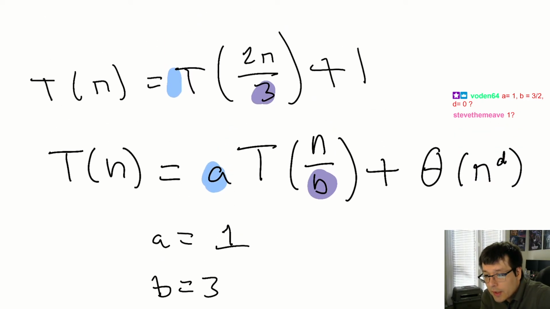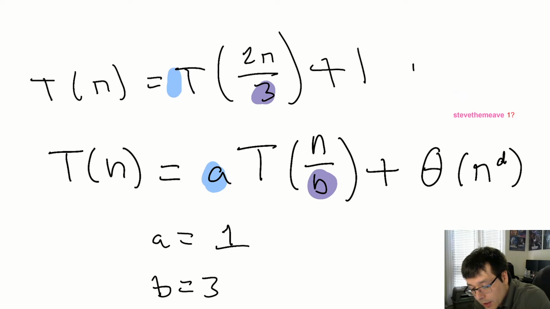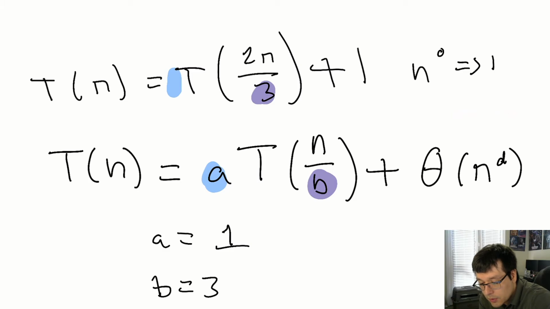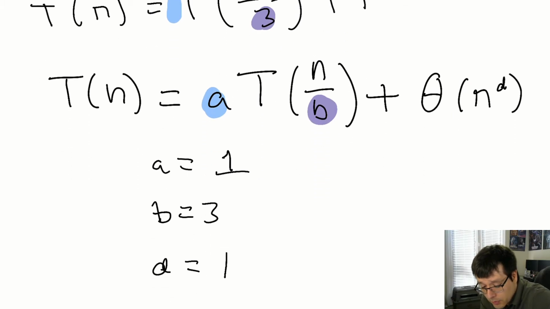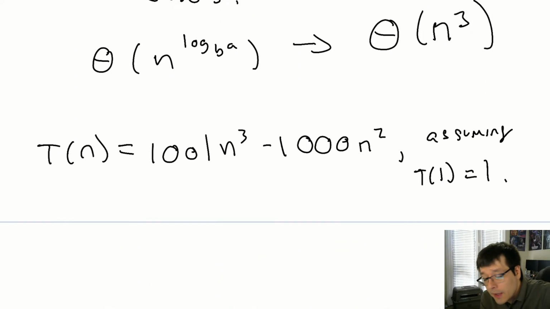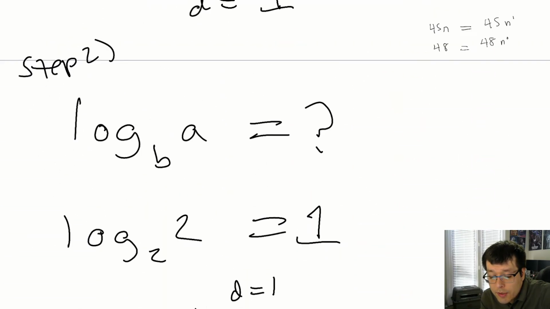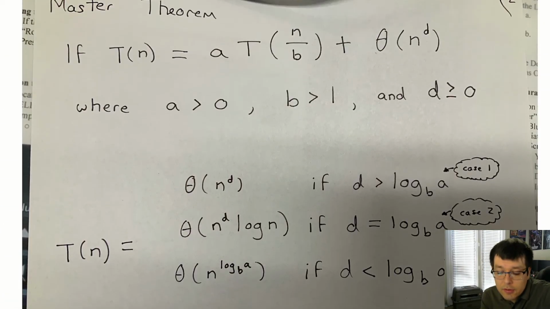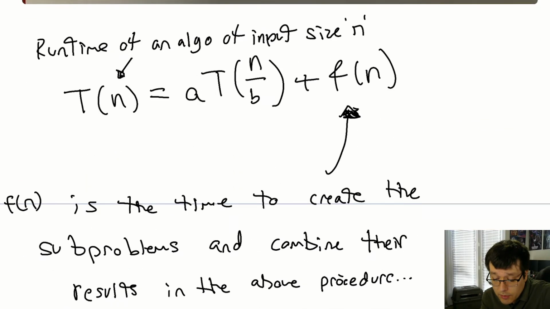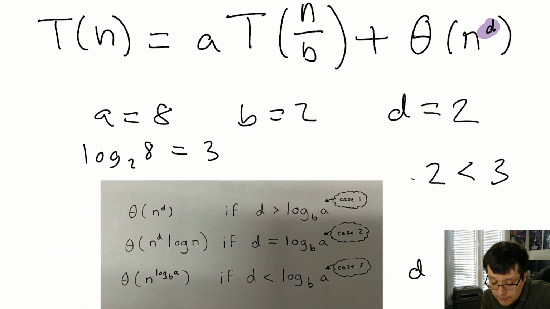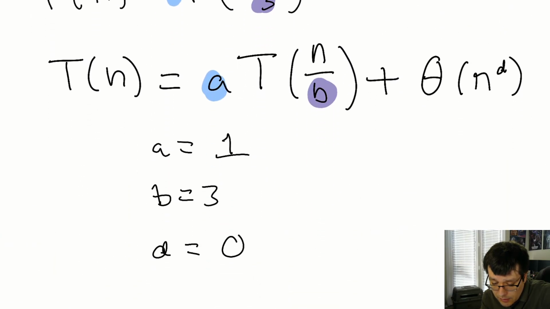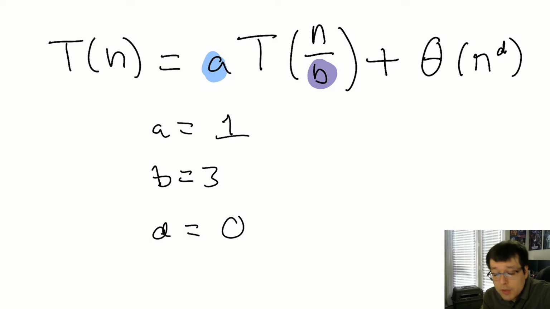And then for D, it's going to be indeed a 0 because, again, it's that imaginary n to the 0, which is equal to 1. So you just have to remember those basic math conversions, and then you get those 3 things, right? Now, don't forget, I am skipping that, but you need to make sure that they follow the A greater than 0, B greater than 1, and D greater than or equal to 0 rules, which in this case they do, because we got 1, 3, and 0, okay?